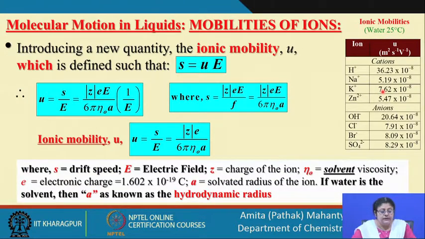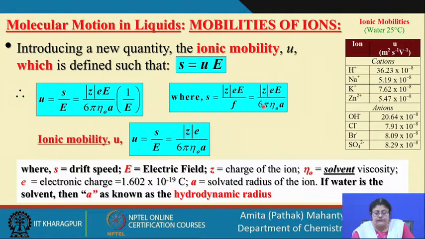The drift speed is important because the mobility is directly proportional to the drift speed divided by the capital E. So, if I know the drift speed, it is given by an expression like Z e capital E divided by 6 pi eta A.